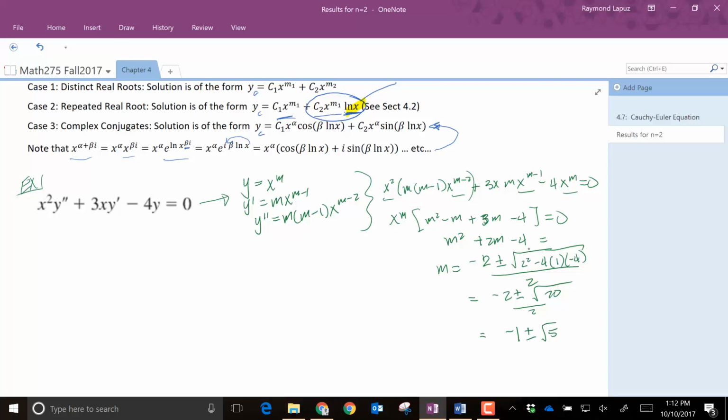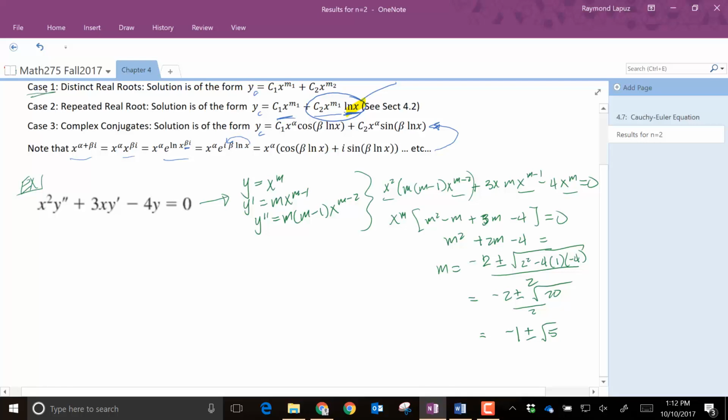Well, this is a real number. These are two real numbers: negative 1 minus root 5 and negative 1 plus root 5. So they just fall under this first case.